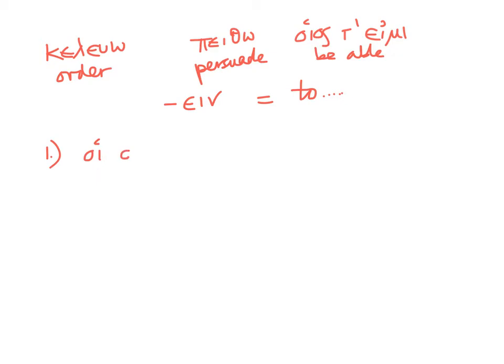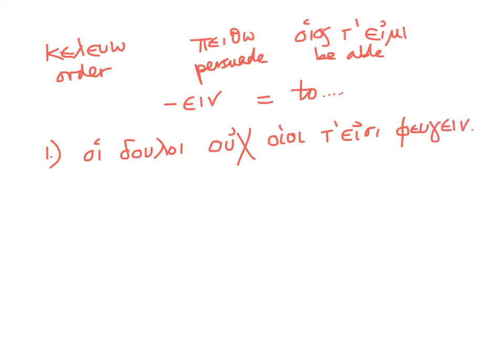Now, armed with those aide-memoire, let's get started. Hoi douloi. How about ouch, which we just met earlier this lesson? Hoioi te eisi. Pheugein. Well, I hope you immediately recognise that hoioi te eisi is this new and rather strangely constructed verb which means be able.